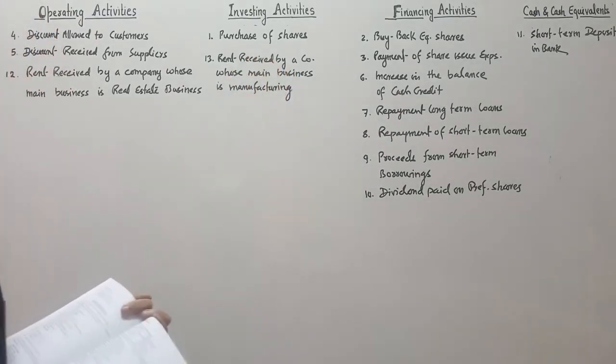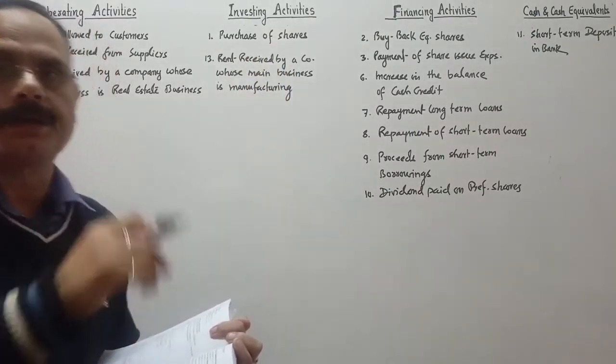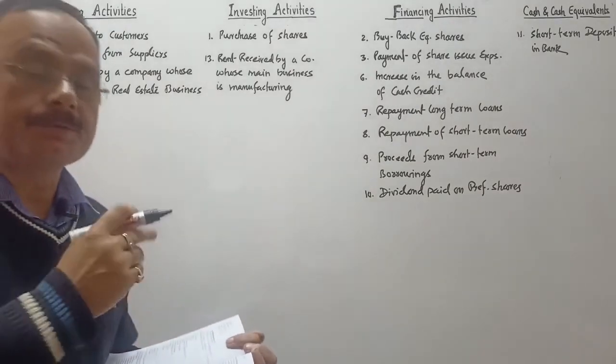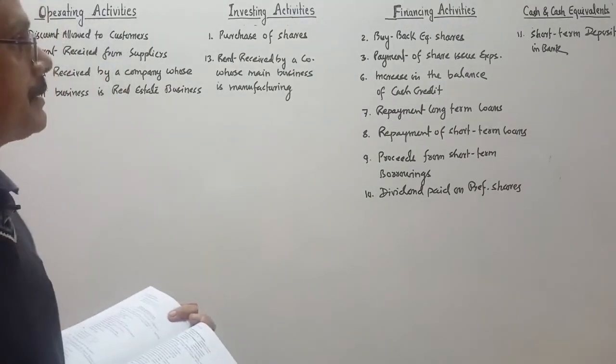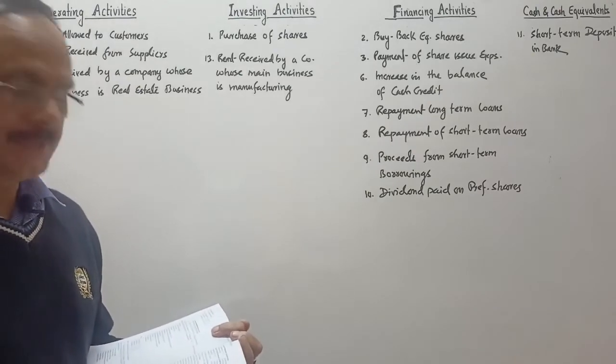They have invested that amount and rent is earned. So for them it is an investing activities. Is it clear? This classification is clear.